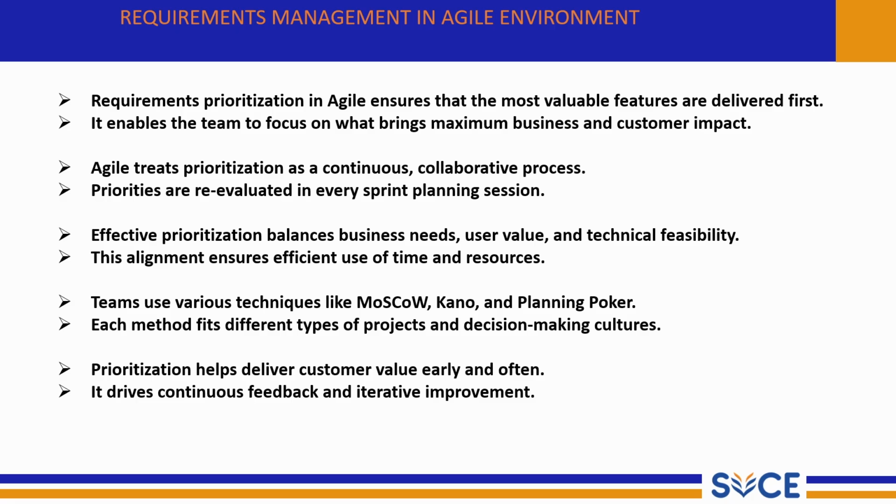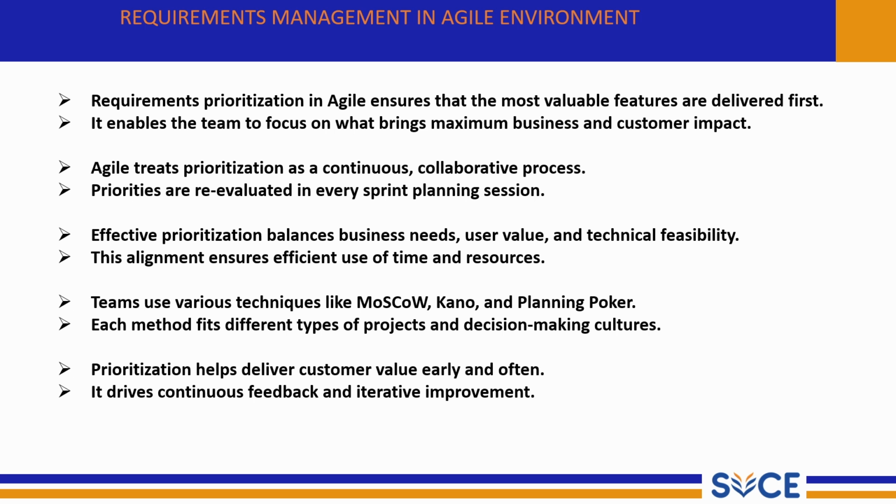Effective prioritization balances business needs, user value, and technical feasibility. While setting the priorities, we not only look at the business value but also consider user needs and technical complexity.